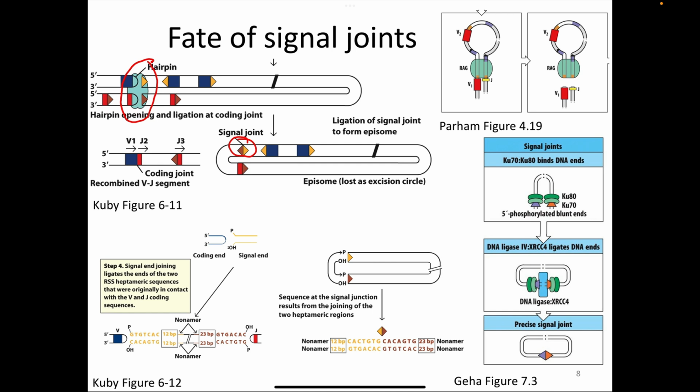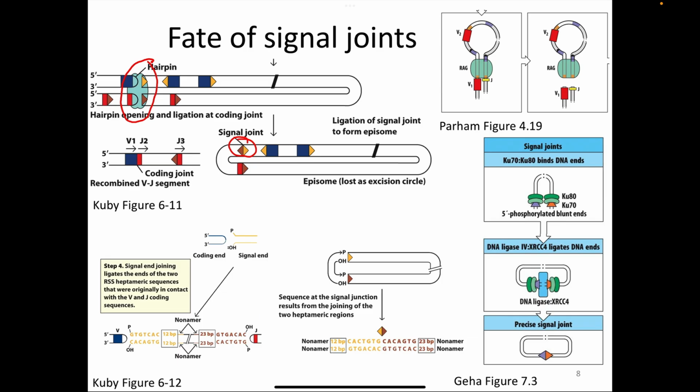That would be an interesting molecular genetics question in and of itself. But the reason why we as immunologists find this particularly interesting is that when we deal with the hairpin, we can sometimes add and subtract base pairs.